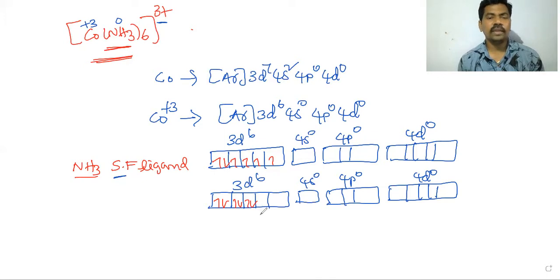Now what is the hybridization? Here there are two vacant orbitals in the 3d level, and these two orbitals will participate in hybridization.